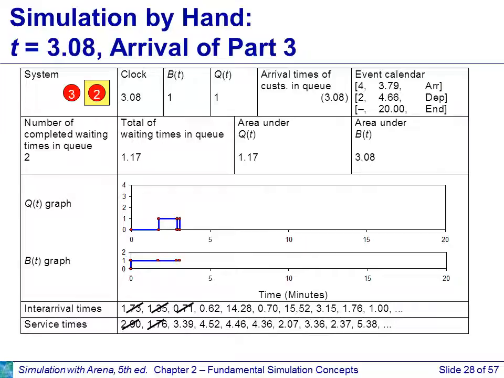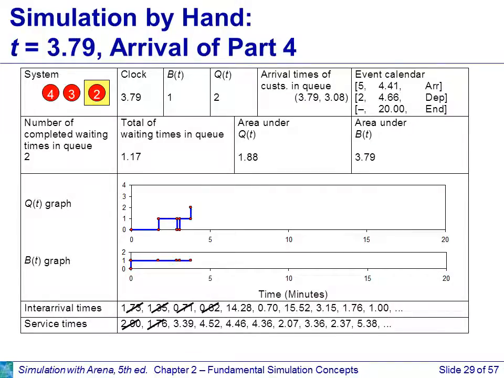So we still have the same number of completed waiting times in queue because part 3 is going to be waiting. So the same total waiting times, the same area under QT, but a different area under BT because now we're going to get additional time busy here for the machine.